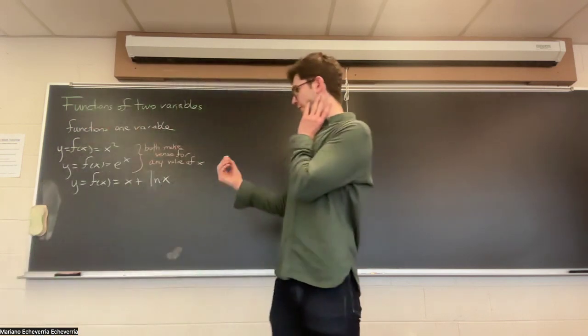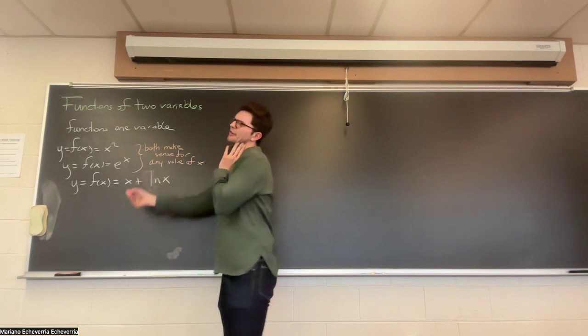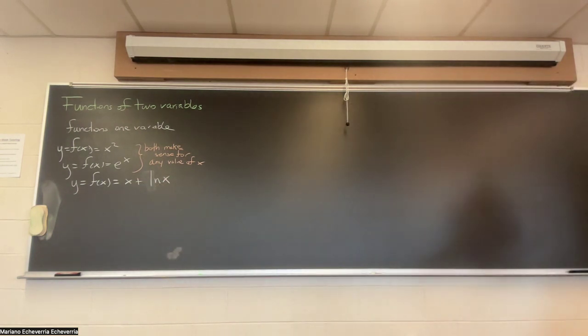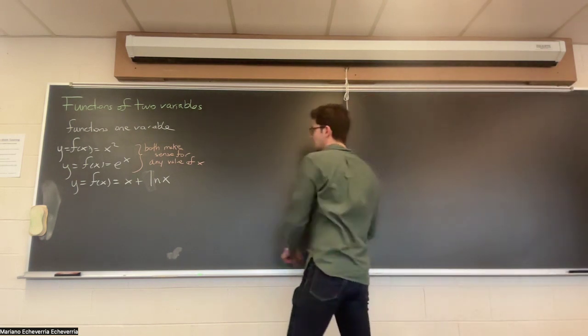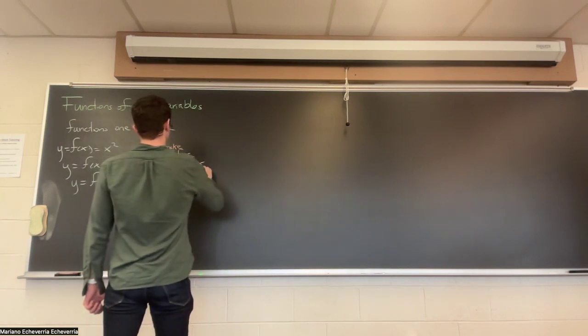But if you look at the last one, you can only talk about the natural log when x is strictly positive. So as a formula in terms of x, it's only defined for x positive.